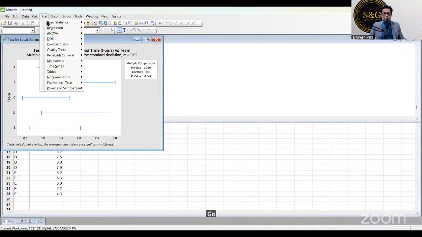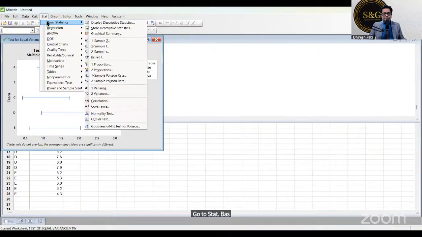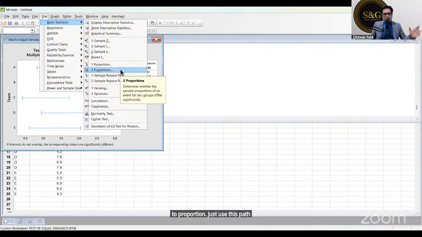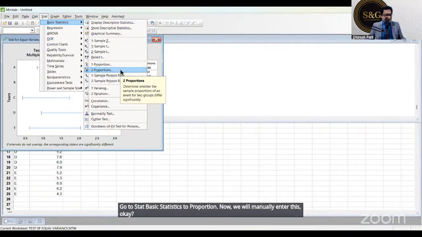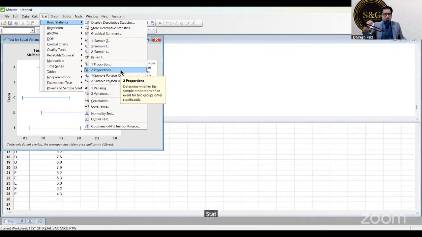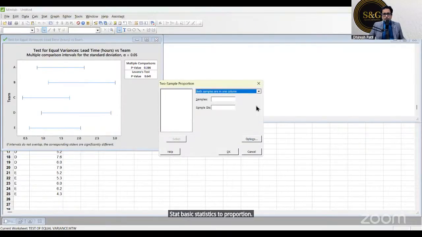Go to Stat, Basic Statistics, 2 Proportions. Just use this path, please. Now we will manually enter this data. Stat, Basic Statistics, 2 Proportions. So this window will come.